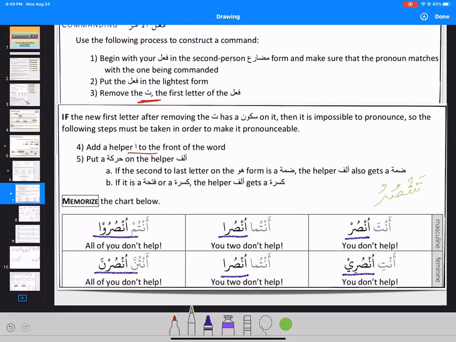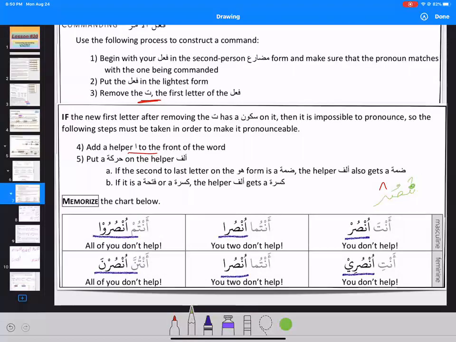So I'm going to drop this dhamma, change it into sukoon, and then I have to remove the sign of mudariya. Why? Because now we are making amar, and we cannot have this sign of mudariya.